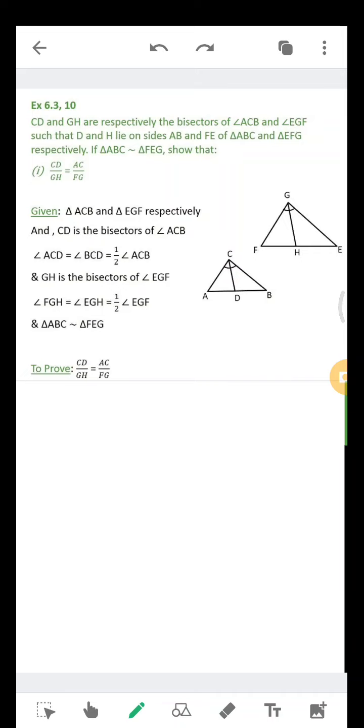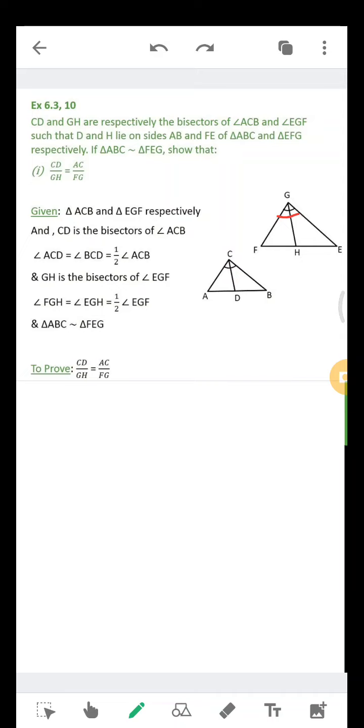So we can say FGH is equal to EGH is equal to half of EGF, okay. Both the angles are half of EGF because GH is the bisector, and triangle ABC is similar to triangle FEG. This is also given to us.